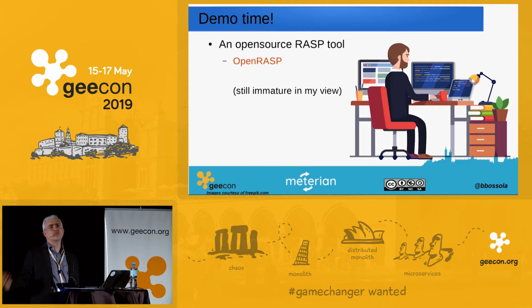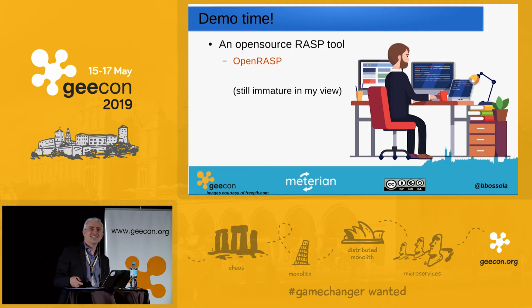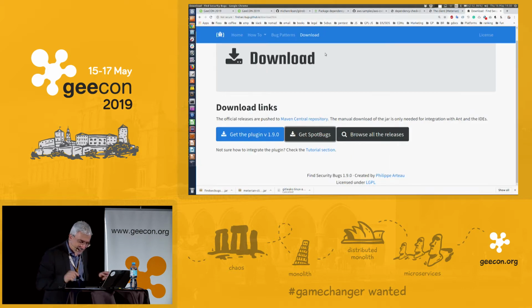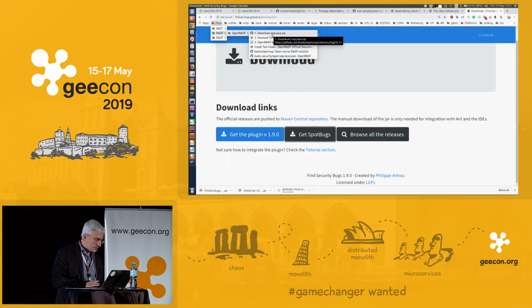Also most of the documentation is in Chinese, and this doesn't help either. Even with Google Translate, to set up this demo I had to go through a lot of reading in Chinese, which I don't know. Unfortunately, my business partner is Chinese, so that helps. So OpenRASP, it's here. Let me open the.